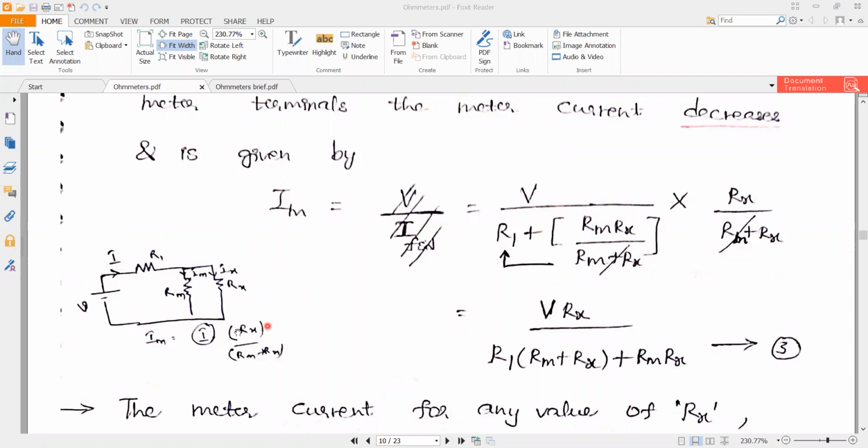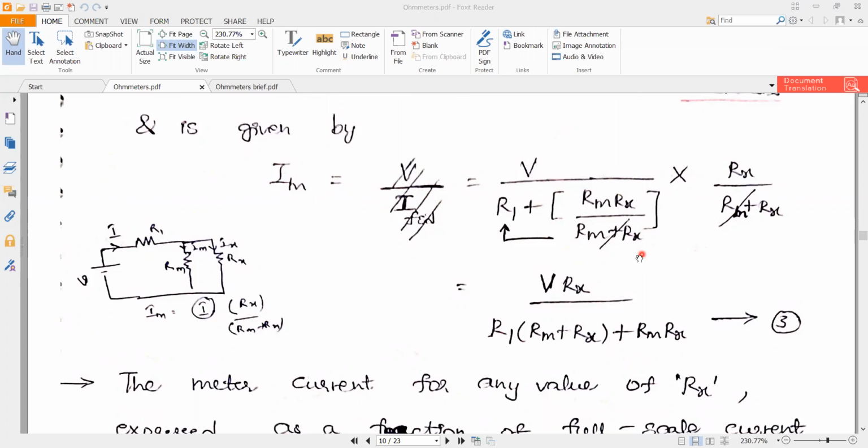That is the basic formula, and like that we are applying here. Im is equal to I into Rx by Rm plus Rx, where I is V by total resistance, R1 plus the parallel combination Rm Rx by Rm plus Rx.